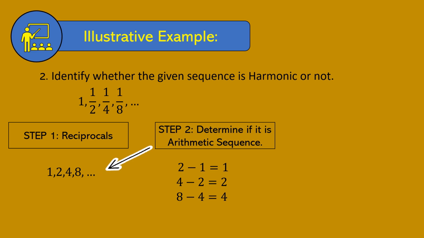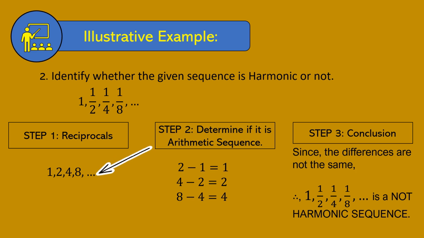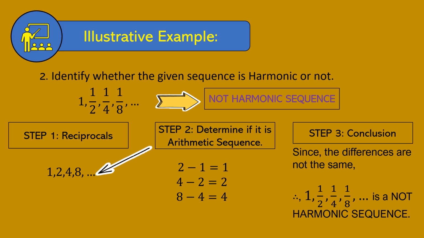Now, you've noticed here that 1, 2, 4, which are the results, are not common. Since the differences are not the same, the differences being 1, 2, and 4, you can conclude that 1, 1/2, 1/4, 1/8, and so on is not a harmonic sequence.